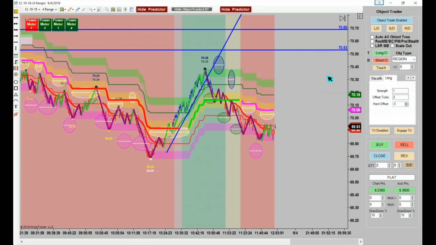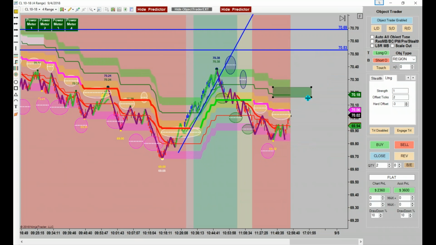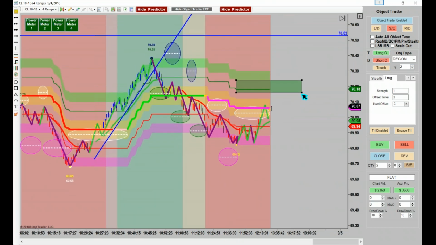Sure. Let's go ahead and do that. We'll put it up at the phantom area. See if we get a phantom. That'd be line 6 if we get a phantom.